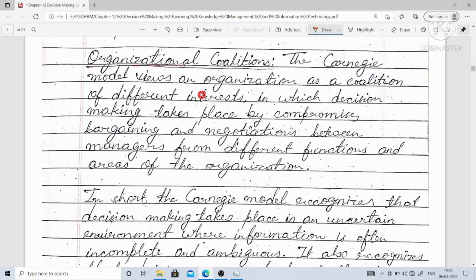It means a coalition of different interests is there in the organization.